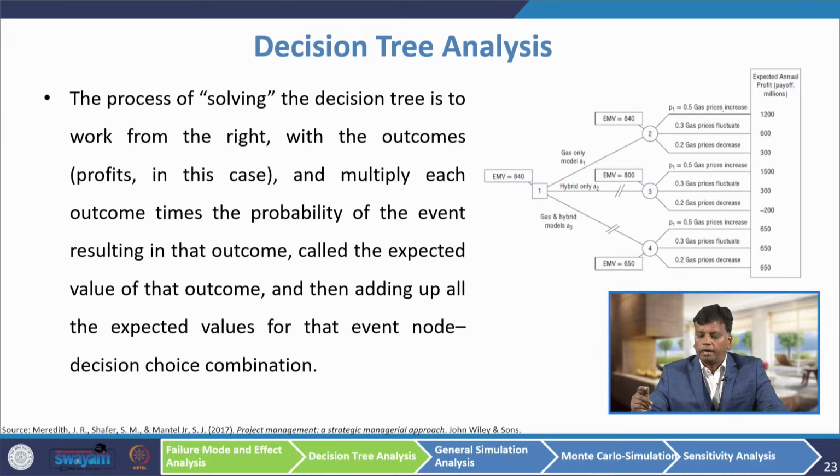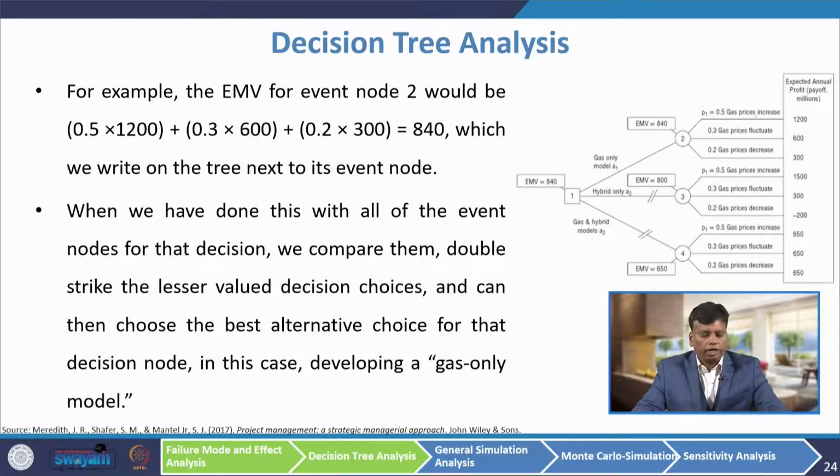We have to multiply the monetary value with the corresponding probability, then add it. That will be your expected monetary value for that decision alternative. For example, the expected monetary value for event node 2 here would be 0.5 multiplied by 1200 plus 0.3 multiplied by 600 plus 0.2 multiplied by 300.